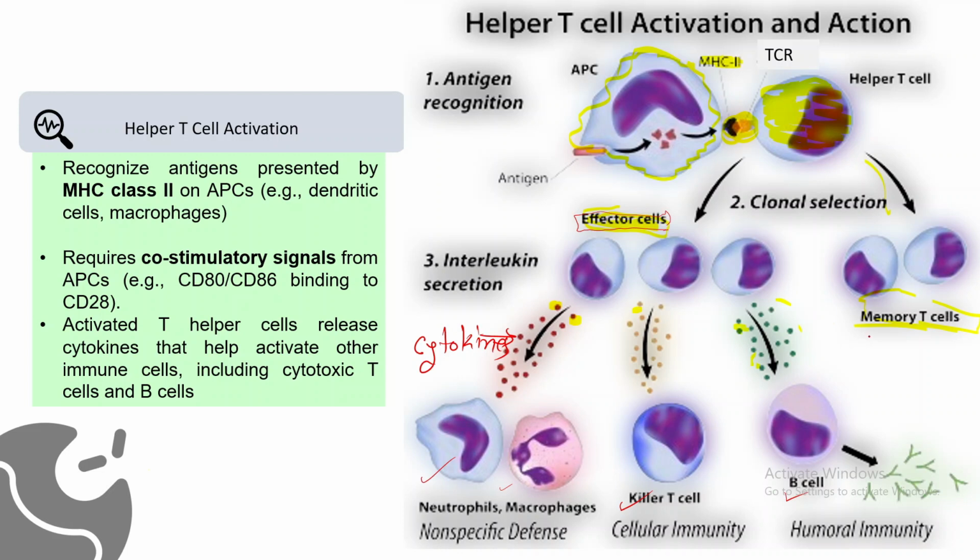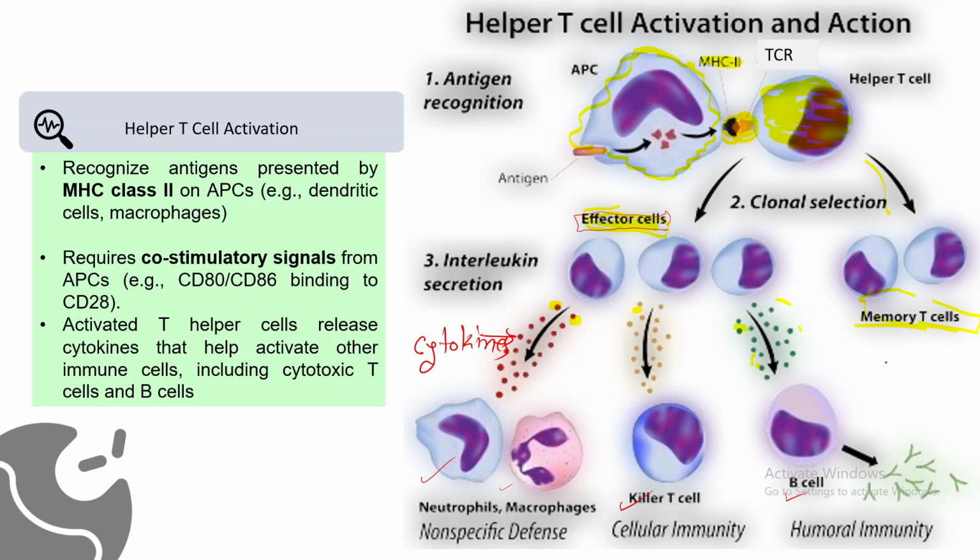And the memory T cell is produced in both processes. In activated helper T cell or activated cytotoxic T cell, both produce the memory T cell. These memory T cells are long-lived cells that remain in the body after the initial infection has been cleared. They remember the specific antigen.